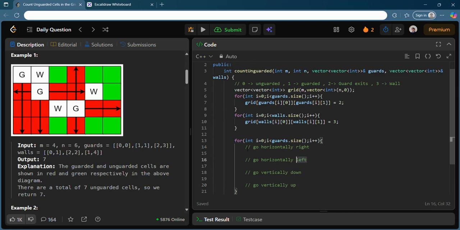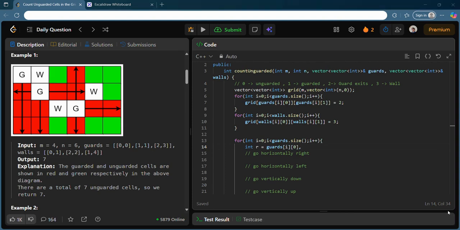So at first, before the iteration, I will just write the rows and columns. So row is nothing but in which row and which column are the coordinates where guard of i is present. So I can simply mark it by this. I just have guards of i1 is nothing but column.